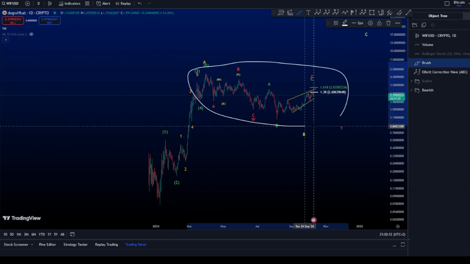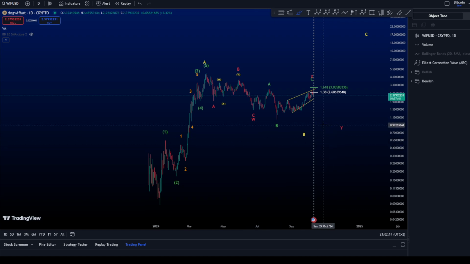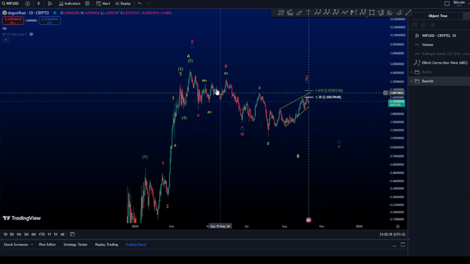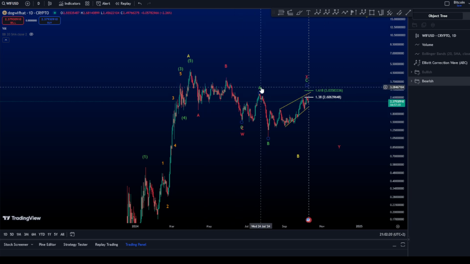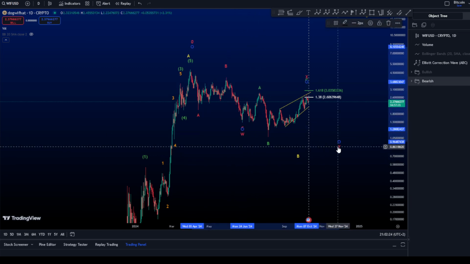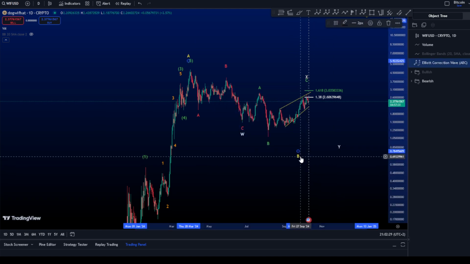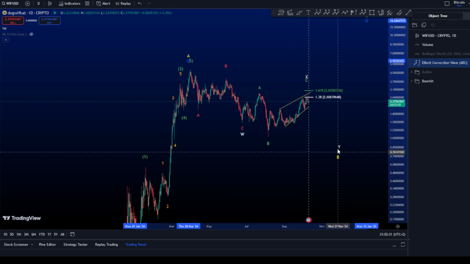However, potentially your correction did not finish yet. And of course, here there is a different count for your correction, and I want to clean up a little bit here. It's too much. ABC, WXY, let's put it in white. Okay, so let's make this much cleaner. Here we go. This is your B.